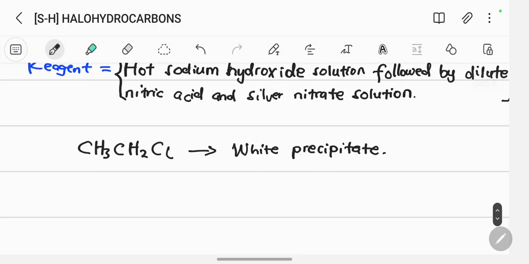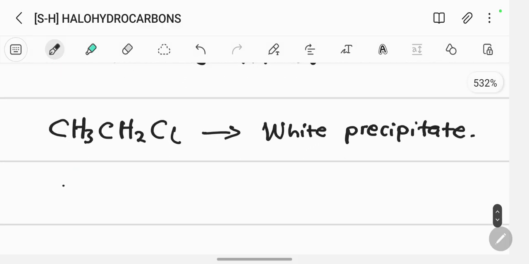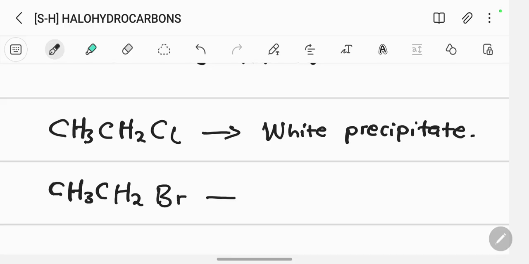Then if I'm having CH3CH2 and bromine, I'm going to end up with a pale yellow precipitate.